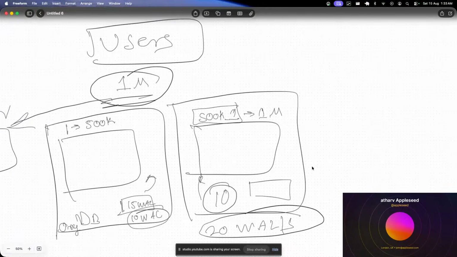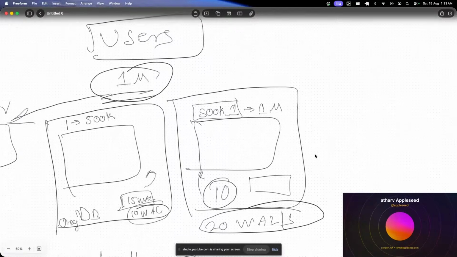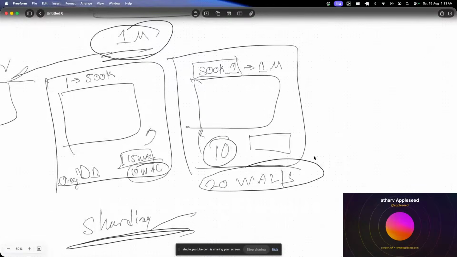So this is called sharding. What we have done is we have created a shard of our database. There is also something called partitioning.